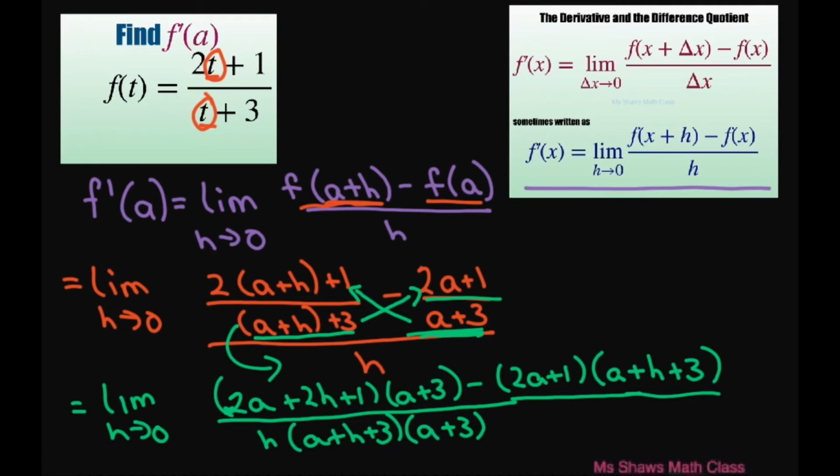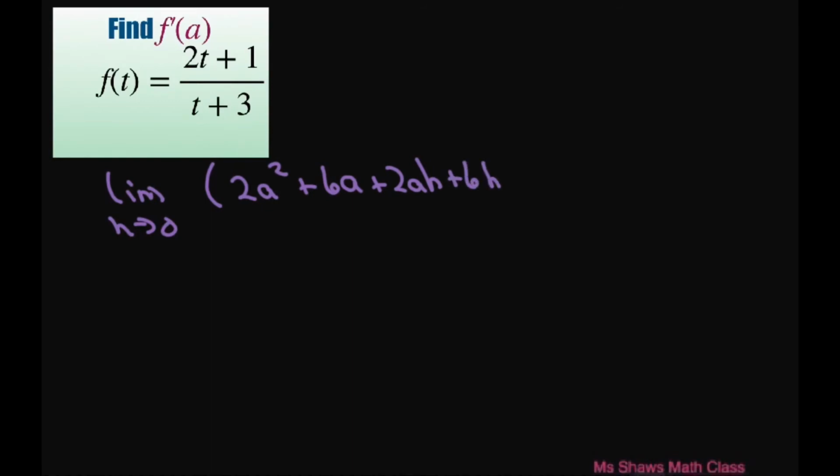So basically you're using the distributive property to multiply like this and like that on both of these pieces. So let's do that. When you multiply this out, you're going to get the limit as h approaches 0, and we're going to have 2a squared plus 6a plus 2ah plus 6h plus a plus 3.